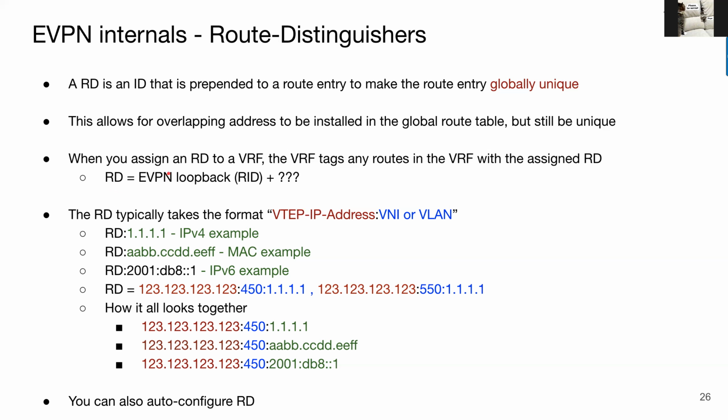So when we assign a route distinguisher to our MAC VRF or to our IP VRF, then this will tag any routes in those VRFs with our assigned route distinguisher. And this could take a couple different formats. So it could be your loopback 0, which is unique.